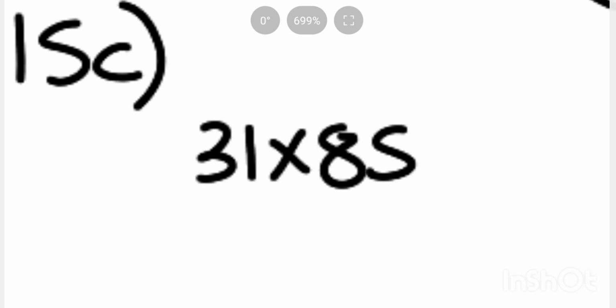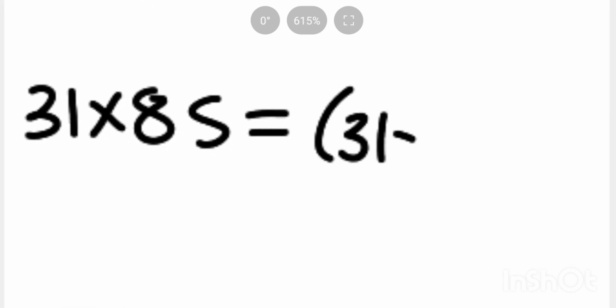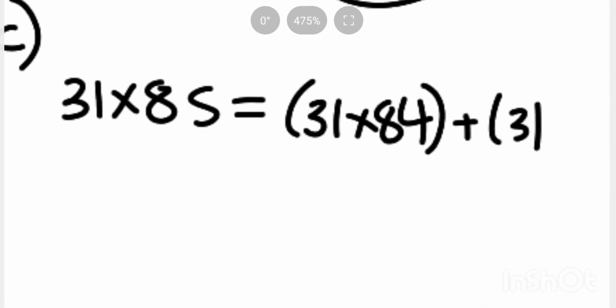So 31 times 85 equals 31 times 84 plus 31 times 1. Because what 31 times 85 means is you're adding 31 to itself 84 times. So you get 85 lots of 31.